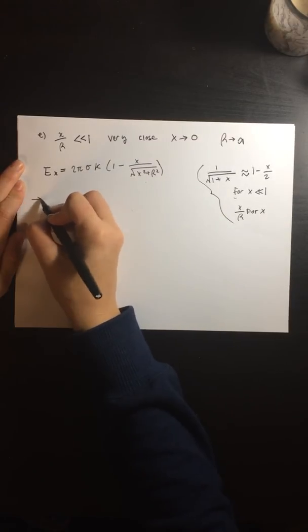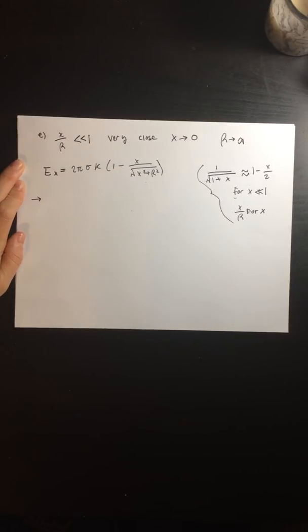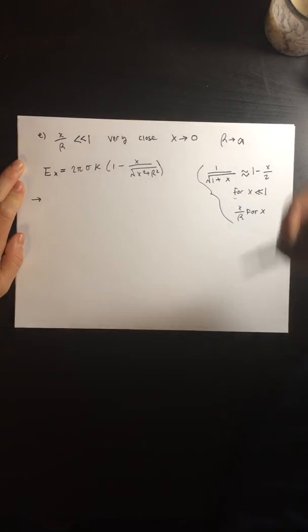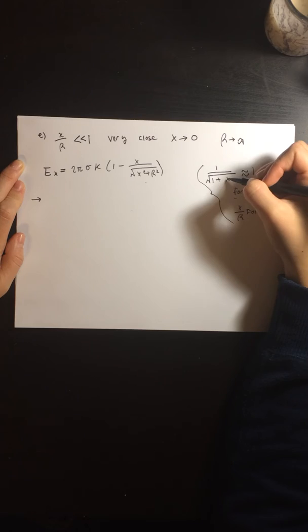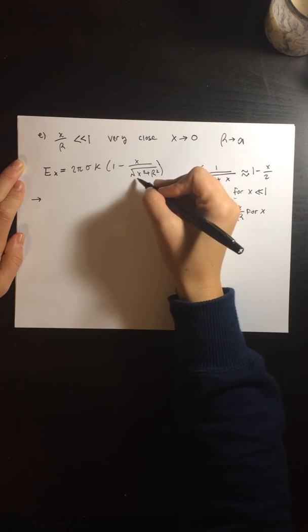So what we're going to do is try to pull out an r, or a square root of r squared, in order to get 1 plus some x, because then we'll have a 1. And x is going to be x squared over r squared.